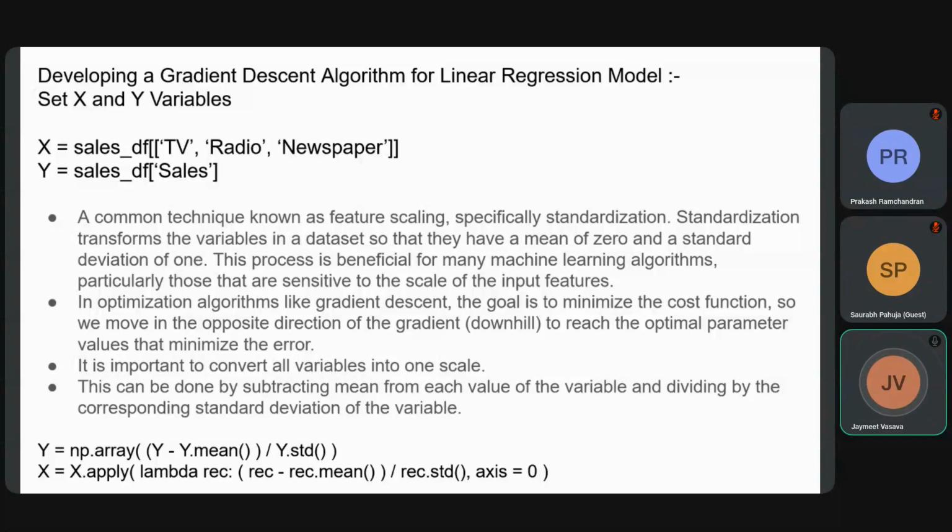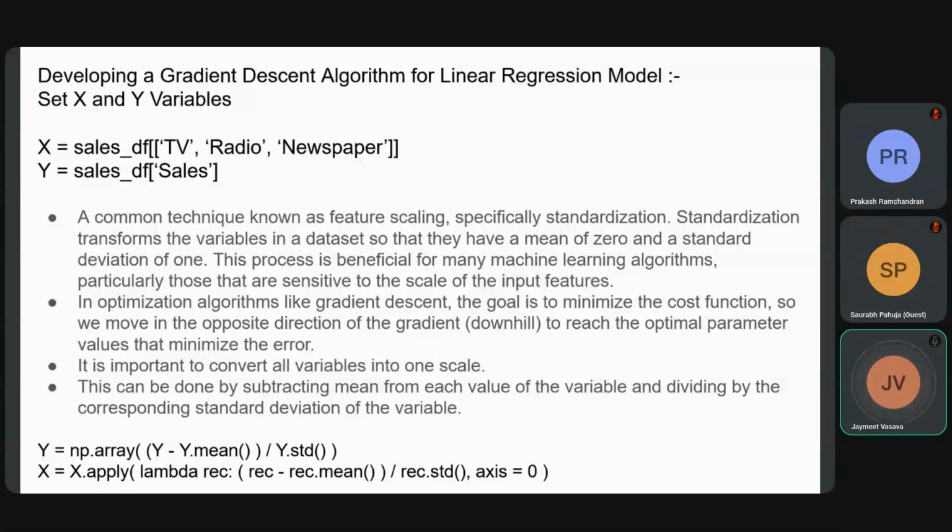So we move in the opposite direction of the gradient to reach the optimal parameter values that minimize this error. It is important to convert all variables into one scale, and this can be done by subtracting the mean from each value of the variable and dividing by the corresponding standard deviation.